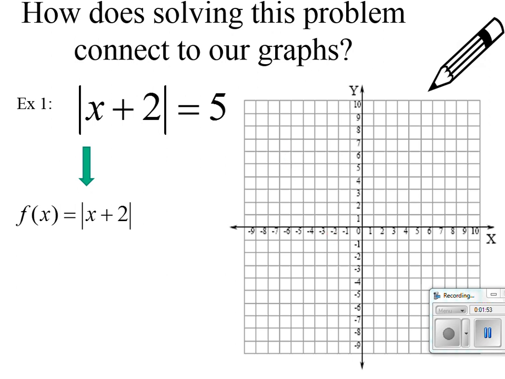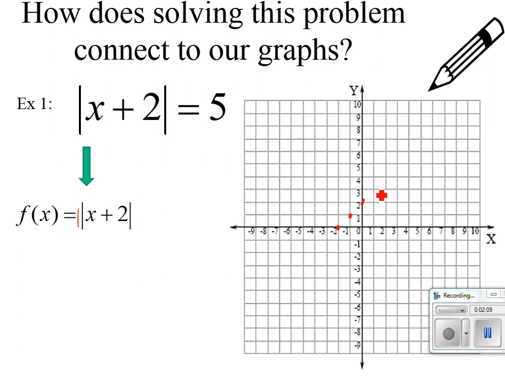How do I graph the absolute value of x plus 2? Remember, I look at the transformations and how it's shifting. So this would shift 2 units to the left and no units up. And it's got a 1 out here, so its slope is 1 over 1.